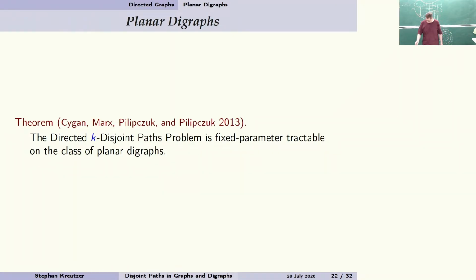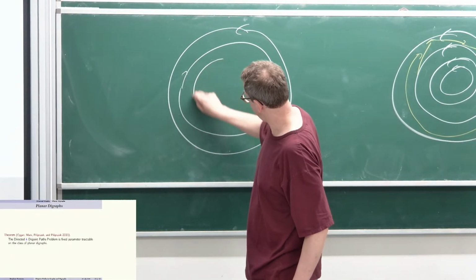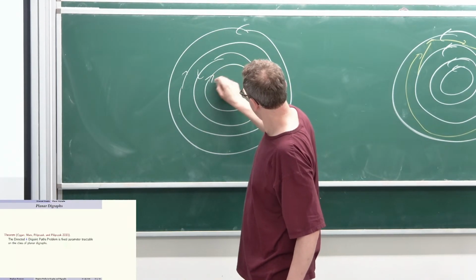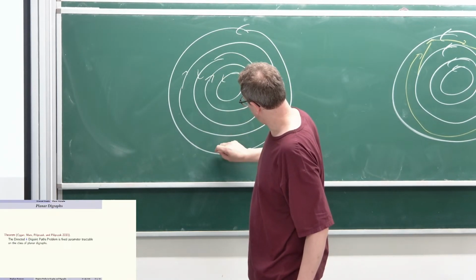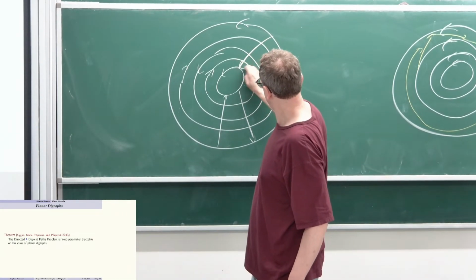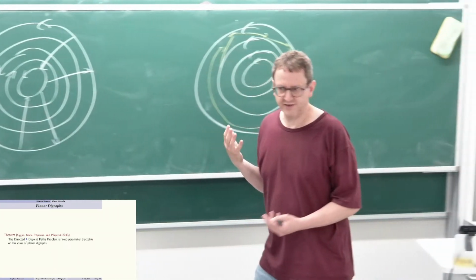What they proved is that if you don't have the cylindrical grid, but you have an alternating grid, so you have cycles in alternating directions, embedded on the surface, or on the plane, let's say, and you have paths going in and out, then you can actually prove an irrelevant vertex rule.